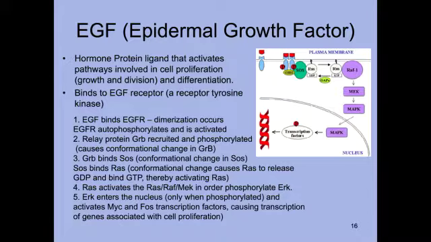The overstimulation causes the cell to divide very, very rapidly. And the more quickly the cell divides, the more mutations it will accumulate, and the cell will then become cancerous. As these cells divide rapidly, they start clumping up together, and we start seeing tumor formation. So that's why we're looking at the EGF pathway.